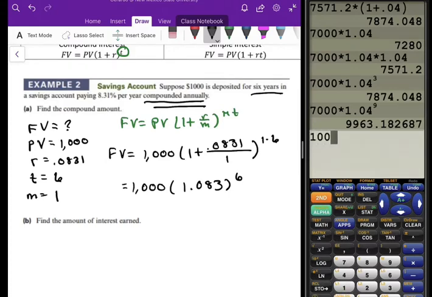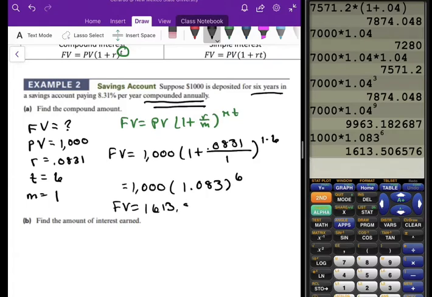You put that into the calculator, and we have that our future value is 1,613 with 51 cents.